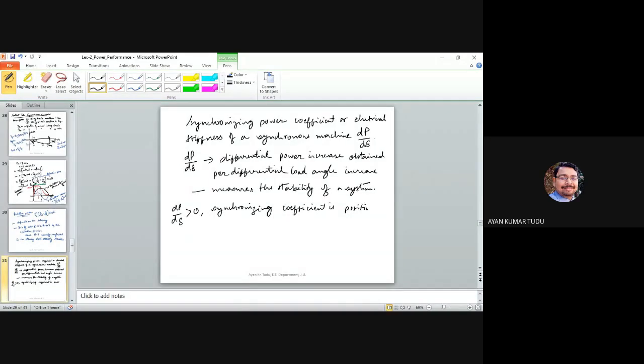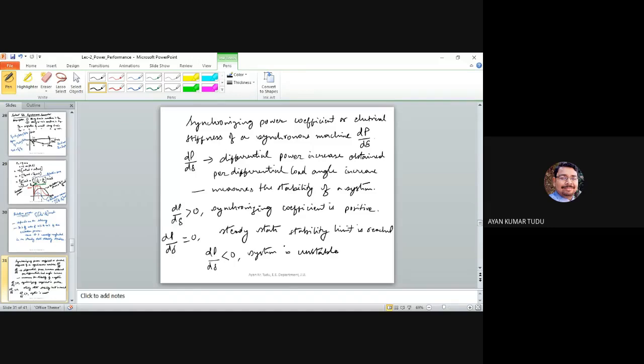If dP by d delta is equal to 0, it means the steady state stability limit is reached. And dP by d delta less than 0 means the system is unstable.